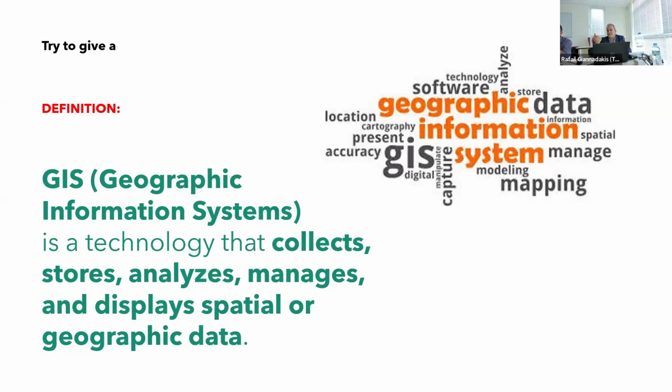So you need a lot of maps, and it was not practical. So technology, computers help us to make digital maps. The first thing. With a computer, we can have a lot of information.